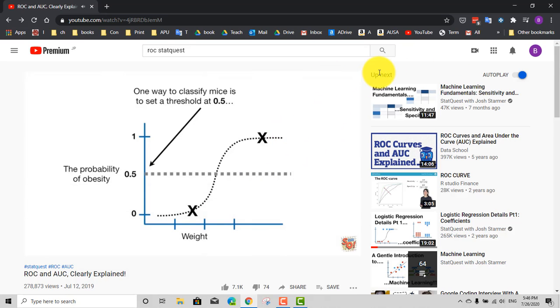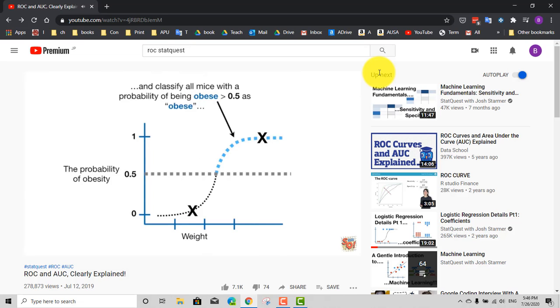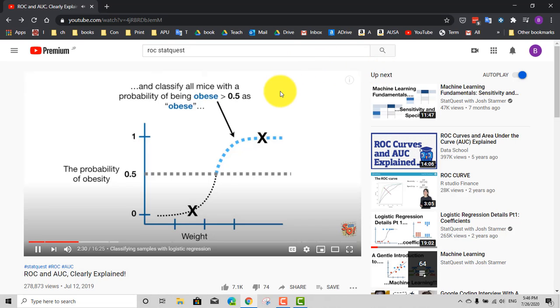One way to classify mice is to set a threshold at 0.5 and classify all mice with a probability of being obese greater than 0.5 as obese. Because if we use 0.5 and we have this curve, then we go to here.